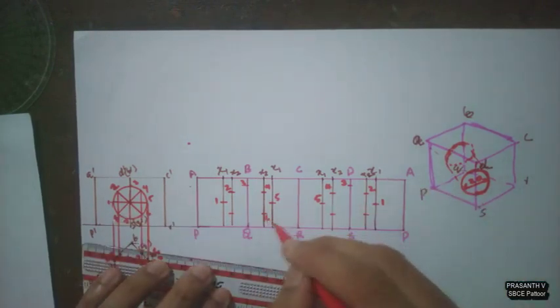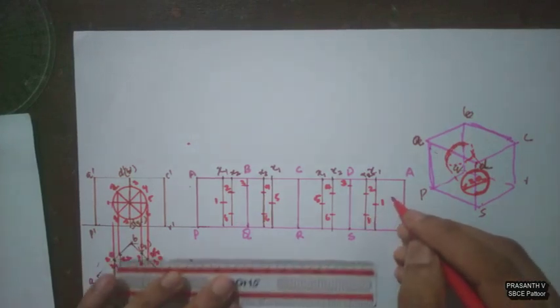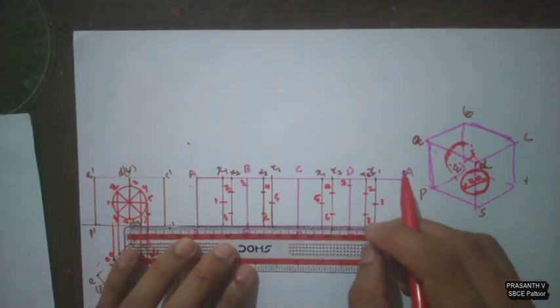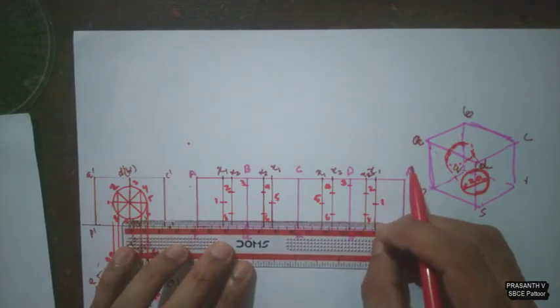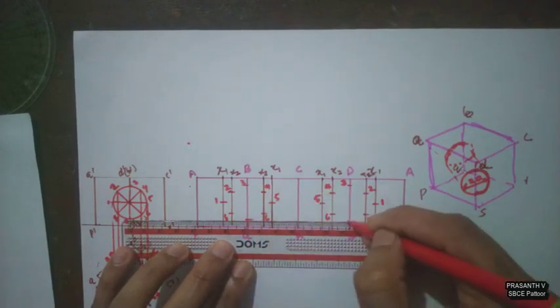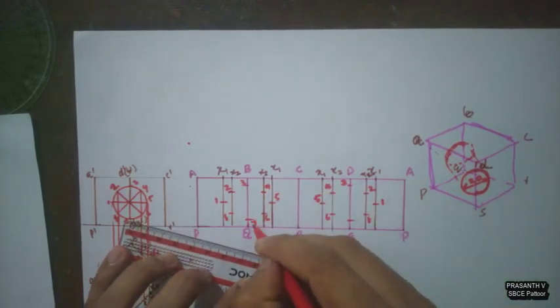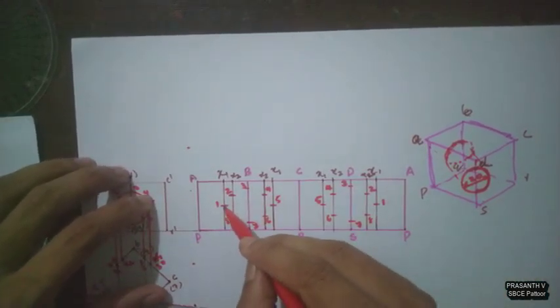So 6, 8, 6, 8. Another point 7 is on this DBQ. Here. This is 7. This point is 7. Now you can join all these points.